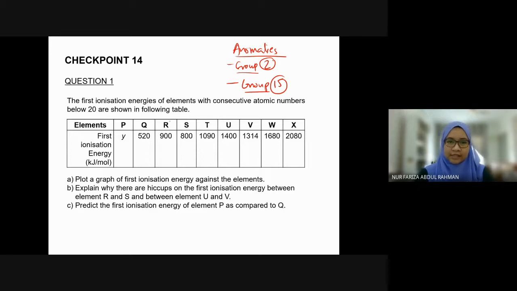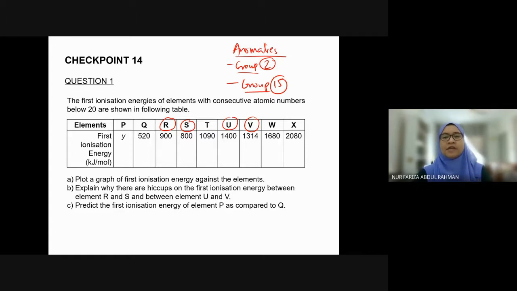Here we have highlighted R, S, U, V. Based on the anomalies that we have learned before, group 2 elements are supposed to have lower ionization energy. That is based on the trend, but it does not follow the trend. It is abnormal.